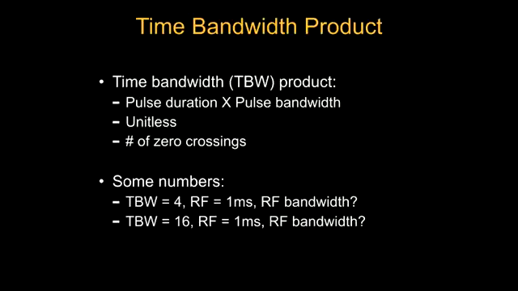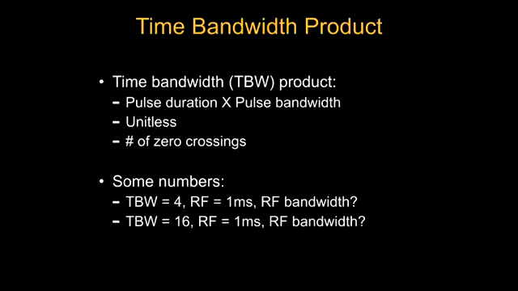Okay? Those are simple numbers. Let's say the time bandwidth product is 4 and the RF duration is 1 millisecond, then what is the RF bandwidth? It's simple, right? Can anyone tell me? It's too simple. 4 kilohertz, right? What about 16?